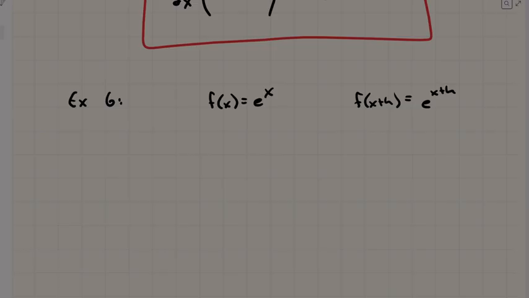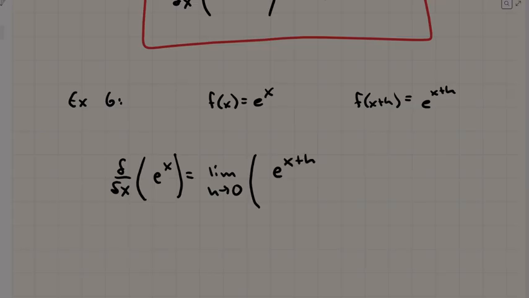All right. And so then we can find the derivative of e to the x as the limit of h approaching 0 of f of x plus h minus f of x divided by h. How are we going to do this one?